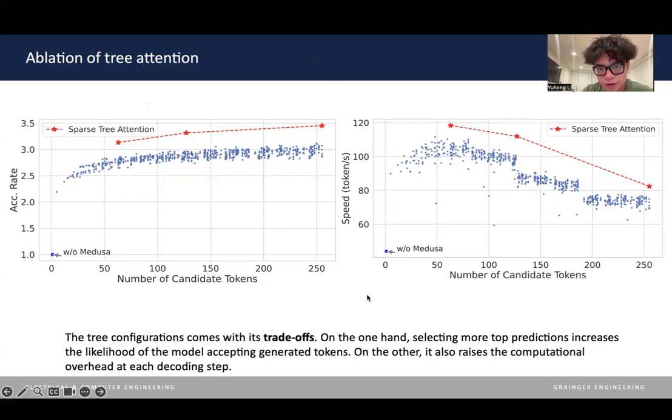And for example, there are 2 terms. One is the acceleration rate divided by the latency, right? That's a speed up.